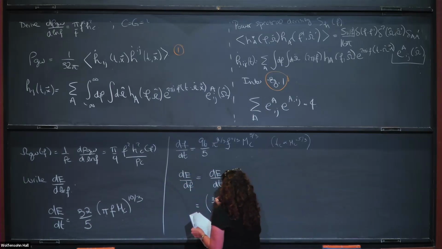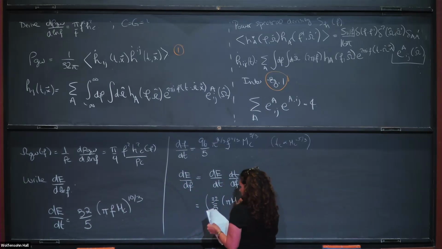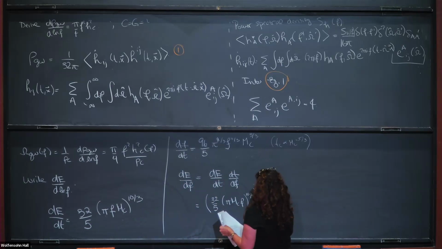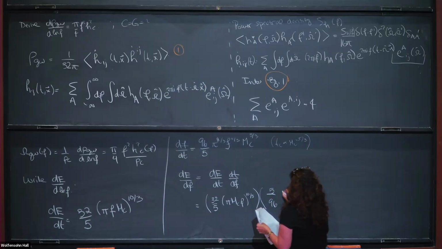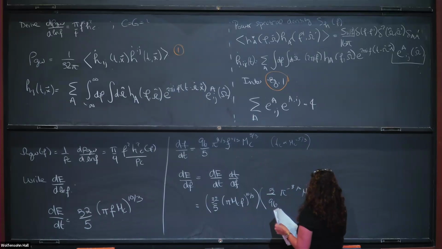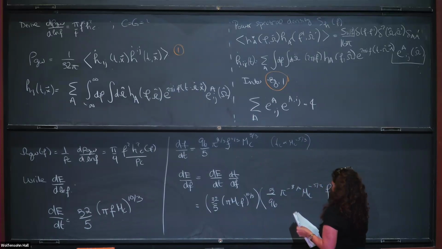And here I have 32 over 5 pi, chirp mass, frequency to the 10/3. And then I have 1 over this, so that's 5 over 96 pi to the minus 8/3, chirp mass to the minus 5/3, and frequency to the minus 11/3.